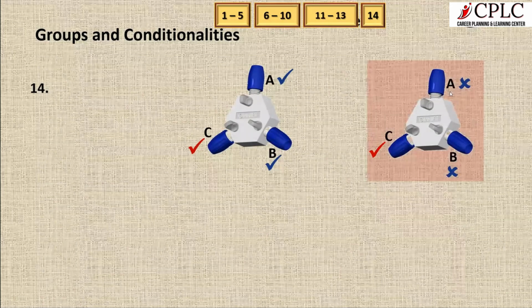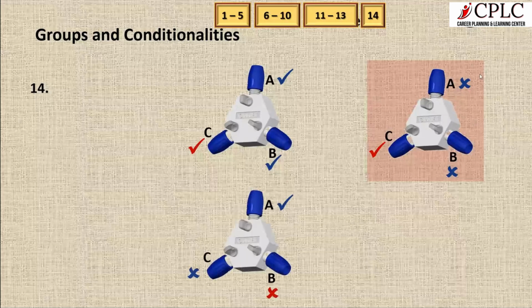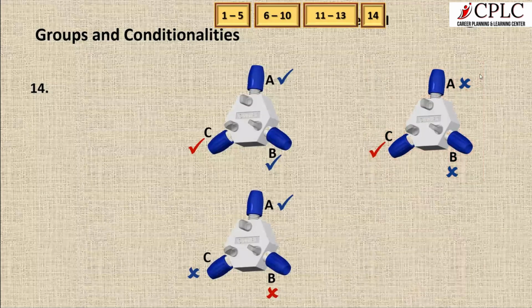The second possibility is definitely not the answer because if A is closed, then we have to make B and C both open or both closed. But that is not being followed. So the second possibility is eliminated.